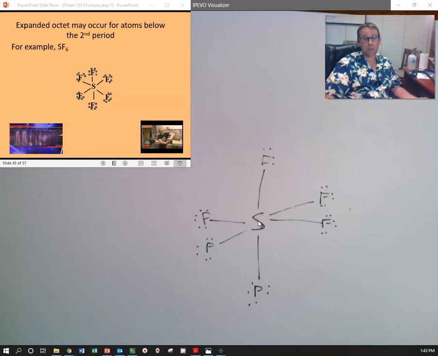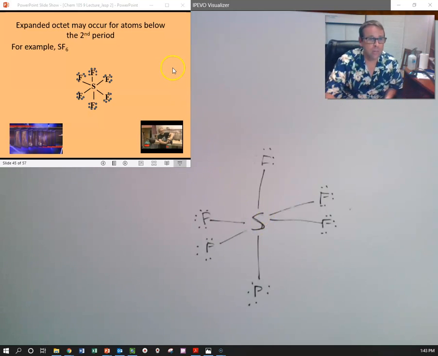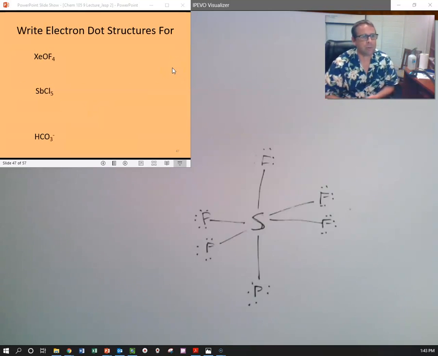If there are extra electrons, that's where you would add them, to start off at least. And again, if we had extra electrons, we would have put more on the central atom, and then we'd have to use our formal charges to figure out if that's a correct placement of those electrons. So here's an example.